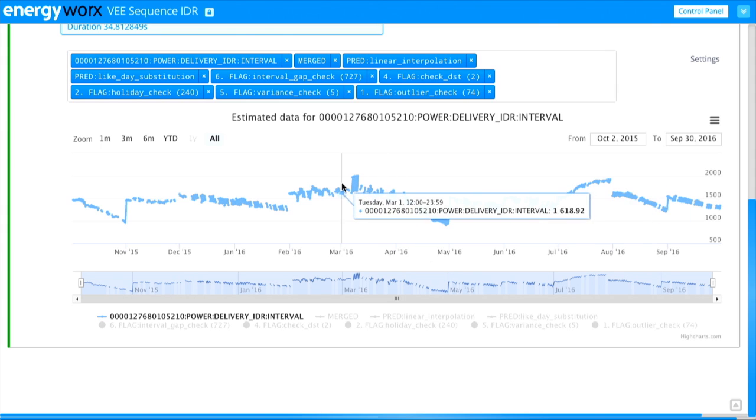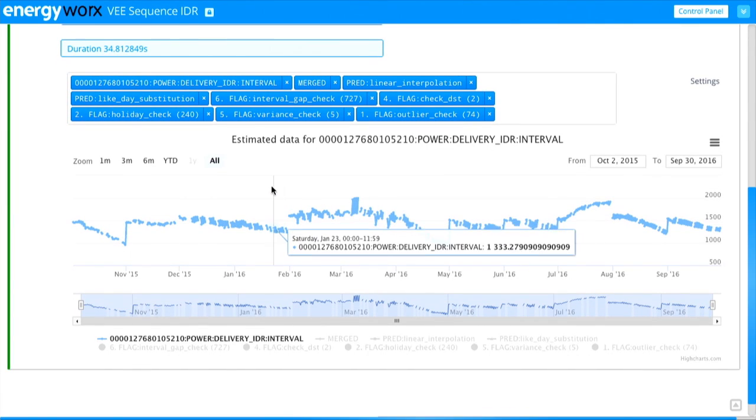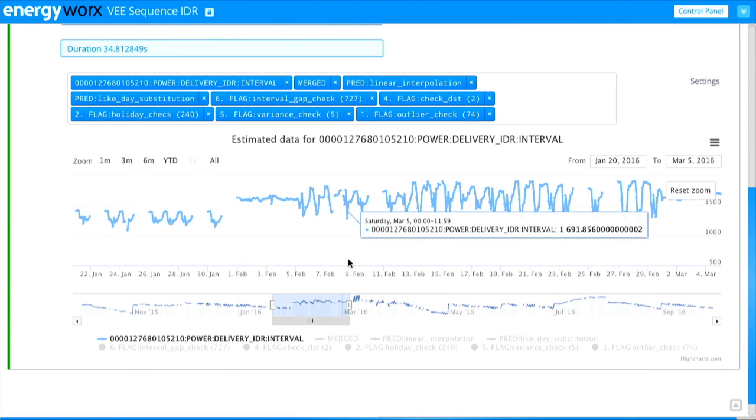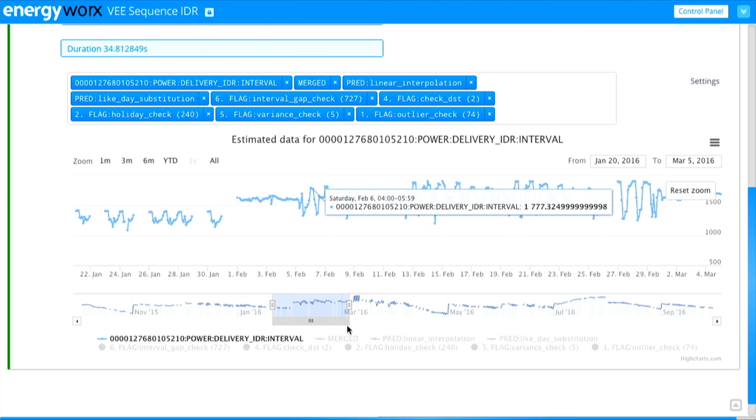If I zoom in on this data, you see that it contains all kinds of gaps, and it's really looking like bad quality. In this interactive mode, we can run all the validation rules like we run on cloud scale, but in this interactive tool that we created for the data analysts of the utilities.